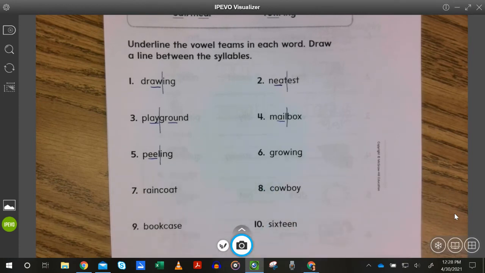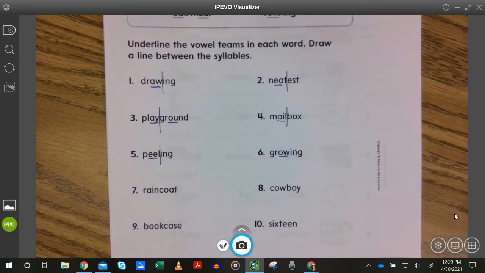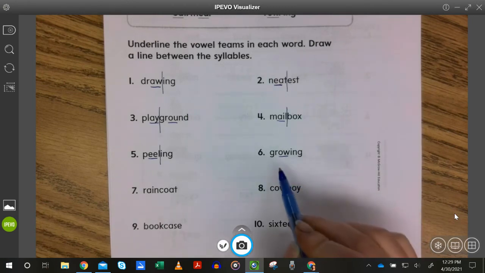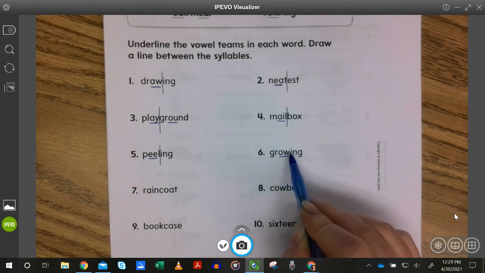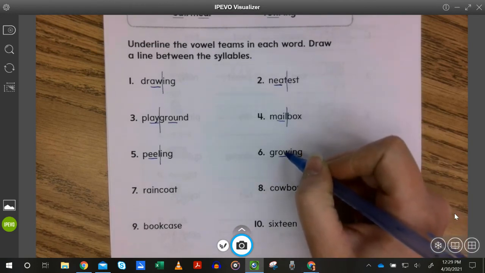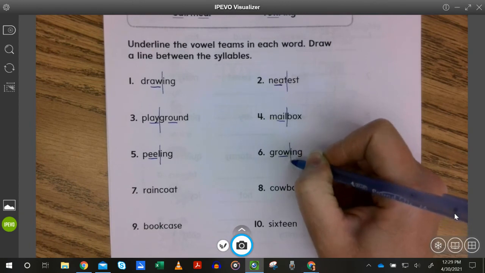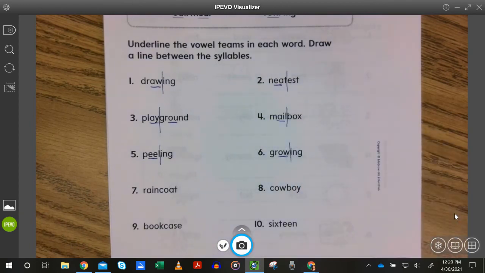Number 6, underline the vowel team. OW, split it apart. We can see right there the ending, so that just helped us know that the W needs to go with the beginning, the root.